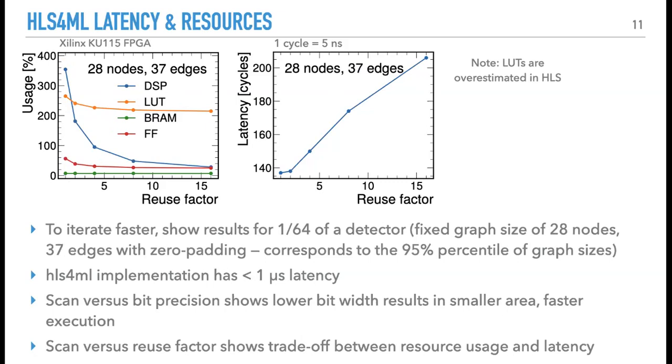So you can use that as a handle to reduce the resource consumption, especially for the DSPs. And then on the right, you can see that, as expected, the latency does grow with the reuse factor because you're trading area on the FPGA for time. So here you can see it does grow and gets up to just above a microsecond.